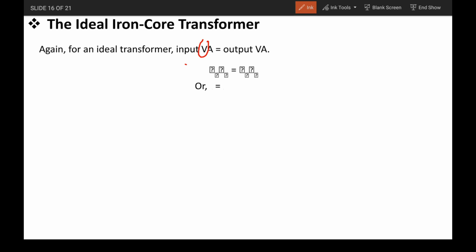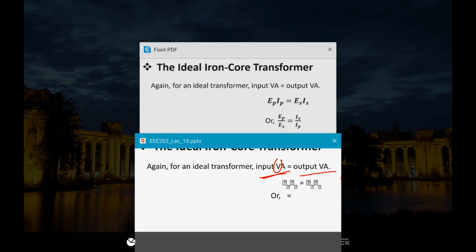So overall the apparent power VA, the volt ampere, for both input and output will be equal. That means for both primary and secondary the apparent power is the same, there is no change. So there is definitely no power level increase, only a voltage level increase or decrease. Anyway, this portion does not appear here, so I may show it from the PDF.